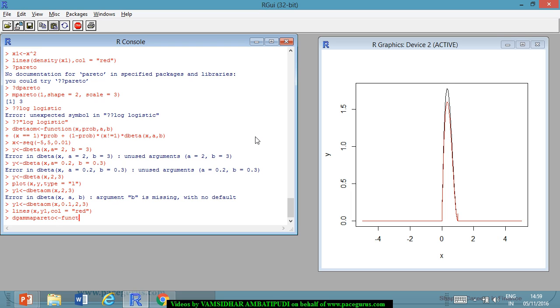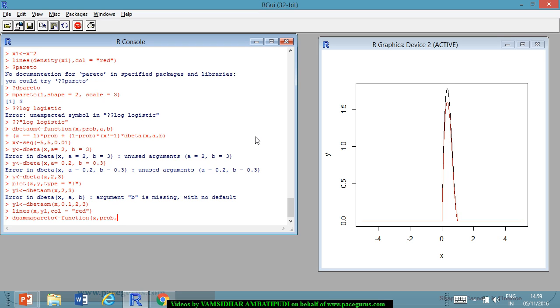the function that I want to create. So I'm taking a function of x, and prob is required because I have some kind of probabilities. Now I require two parameters for the gamma distribution, the shape and the rate parameters, and similarly I require two parameters for the Pareto distribution.